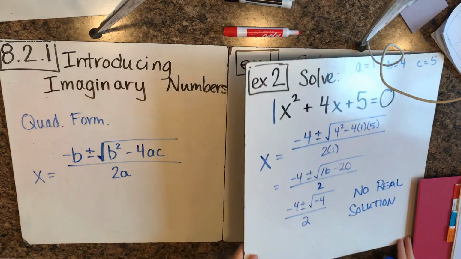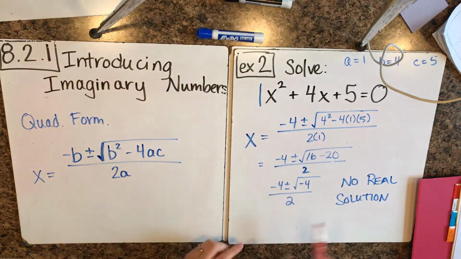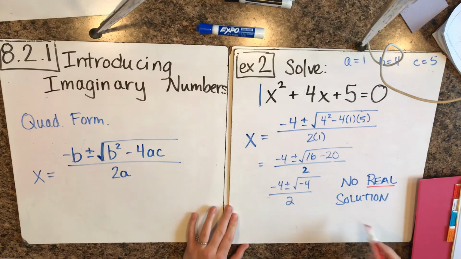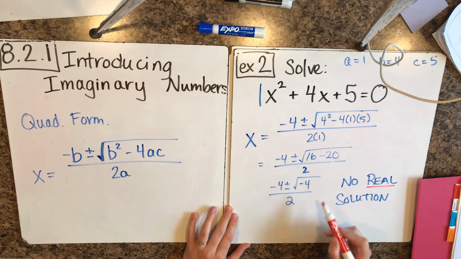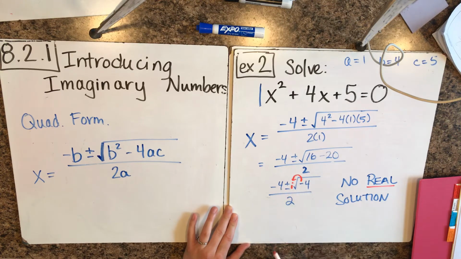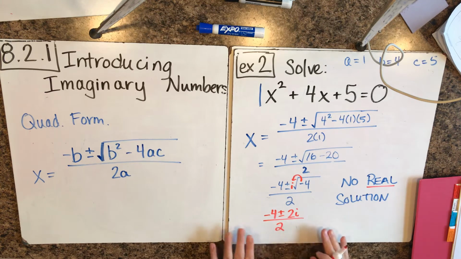Yesterday, we started this. It was example 1 yesterday, but we didn't quite finish. We just said that there's no real solutions. But after yesterday's lesson, we learned we can really simplify this part right here. Okay, the negative gets kicked out, it becomes an i, and we know the square root of 4 is 2. So this is -4 plus or minus 2i all over 2. Now, we never leave it all as one fraction.